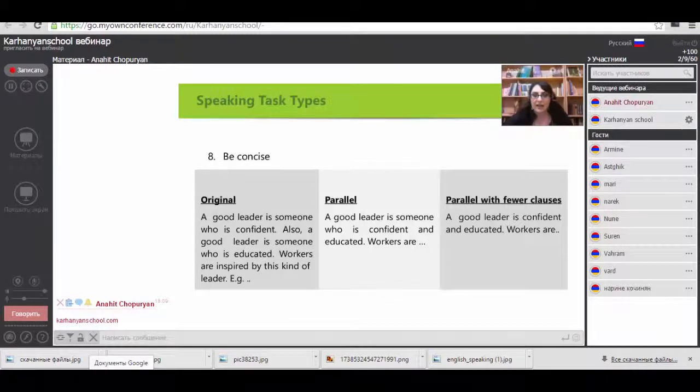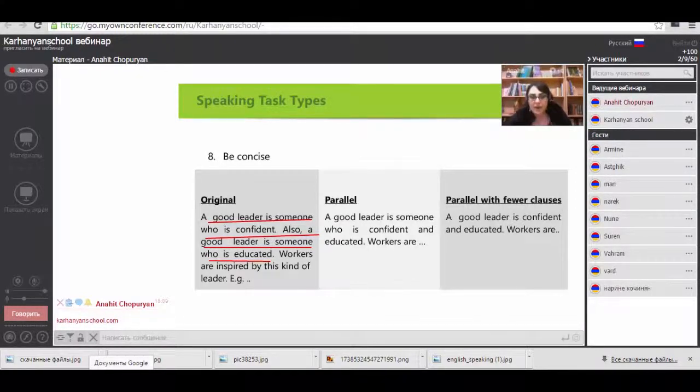So, let's see what we have done here. Just these two sentences, we combined them by using parallel structures. Yes, by joining them, we also made it better in grammar, and it is also easier to understand what you wanted to say.